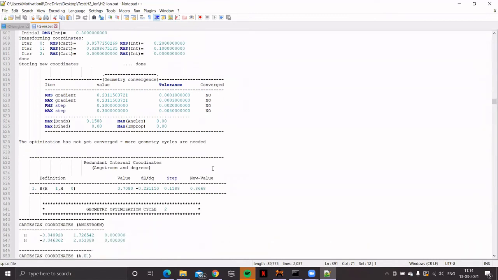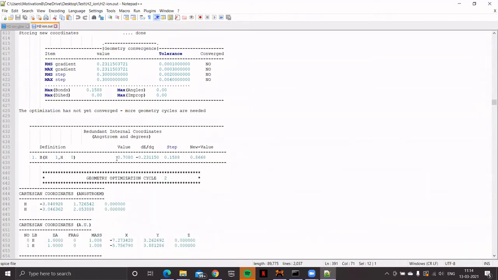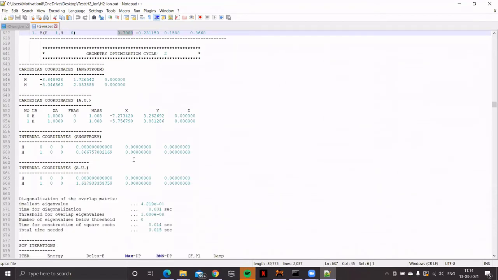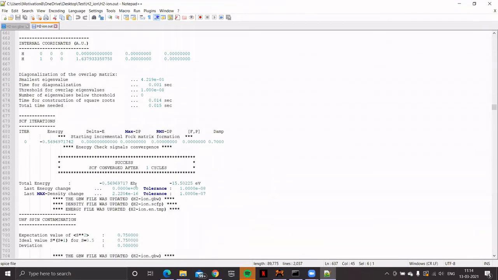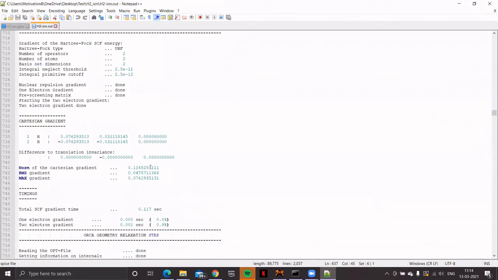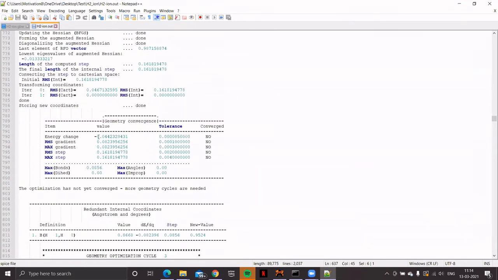Let's go down. Now what they have done, they have changed the bond length slightly. They have decreased the bond length. And then they repeat the same cycle. Again, they do the SCF convergence. And then look at that value. It has changed. But still, there is no, no, no.